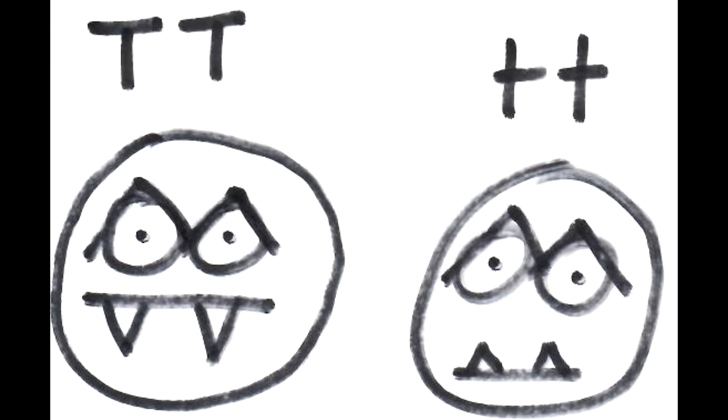Let's say we have one Freaky that has two dominant genes for the downward-facing fangs. And then our other Freaky is going to have two recessive genes for the teeth, the lowercase t.